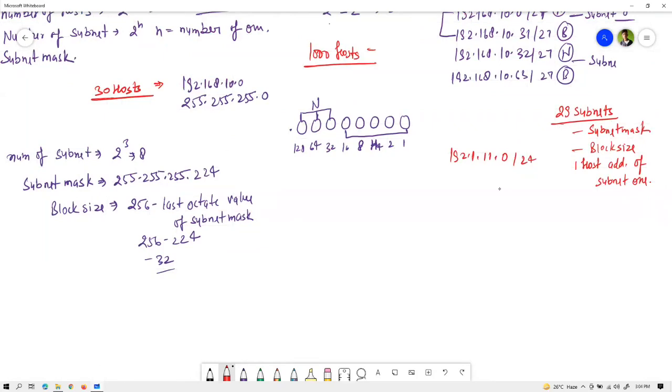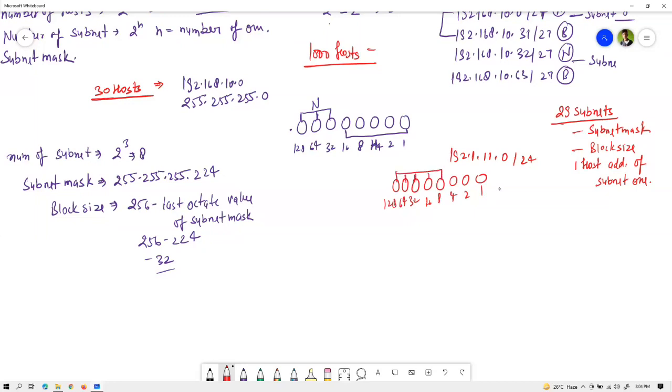So for the number of subnets, we need the formula 2 to the power n. 2 to the power 5 will give you 32 subnets. So here you can open this last octet: 1, 2, 3, 4, 5, 6, 7, 8. This is 1, 2, 4, 8, 16, 32, 64, 128. Now it is asking for 29 subnets, so you can use these 5 bits from the beginning.